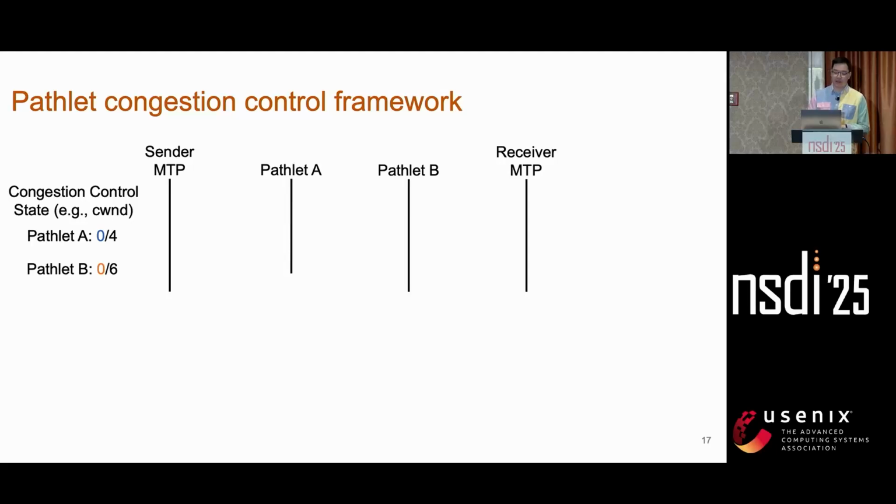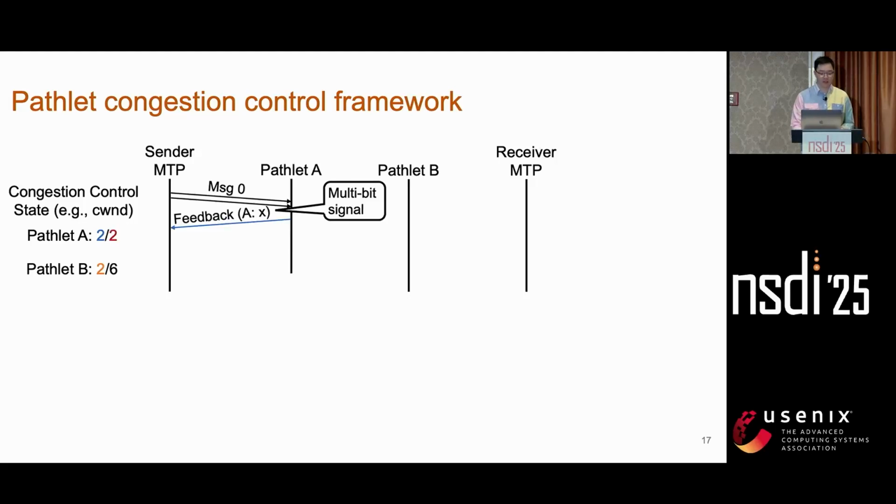We use one separate piece of congestion state, which can be a CWND or rate, for each pathlet to avoid conflicting signals from different pathlets. When a message arrives, the pathlet immediately sends out an early feedback in the form of a dedicated packet, which enables multi-bit encoding.